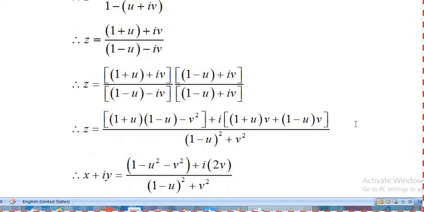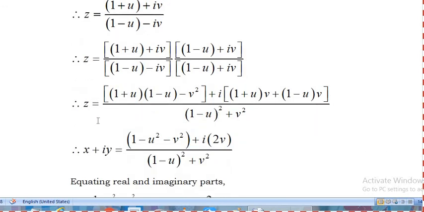So after simplification, we are getting z equal to 1 plus u times 1 minus u minus i square v square, that is plus i square v square, that is minus v square, plus i times 1 plus u times v plus 1 minus u times v, upon 1 minus u bracket square plus v square.